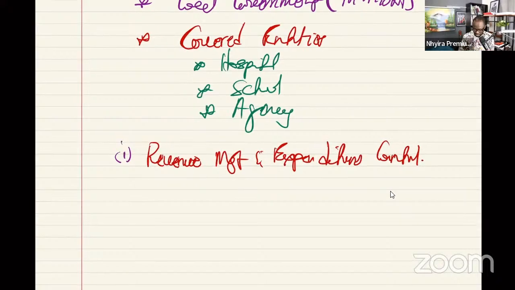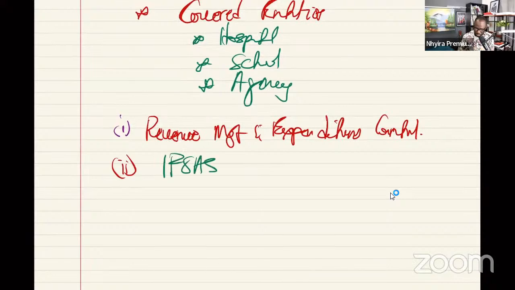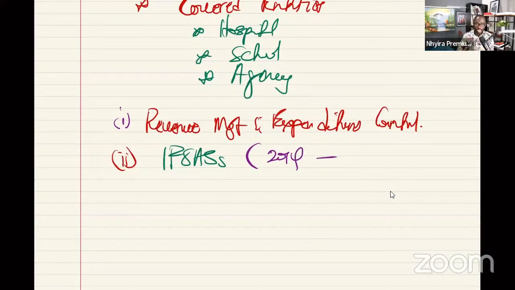Then the second thing that we need to be mindful of will be the issue relating to the IPSAS, International Public Sector Accounting Standards, the IPSAS. Because note that the Ghana government adopted the IPSAS in 2014, and it is in the implementation, and it is hoped that by 2023, that is by next year, the implementation will be done so that from next year, all government entities will be using the full accrual basis of accounting.